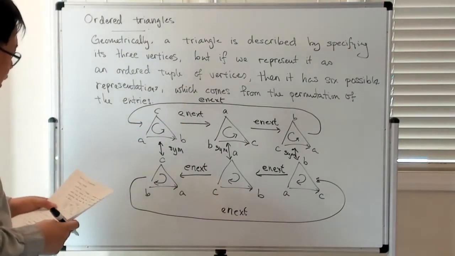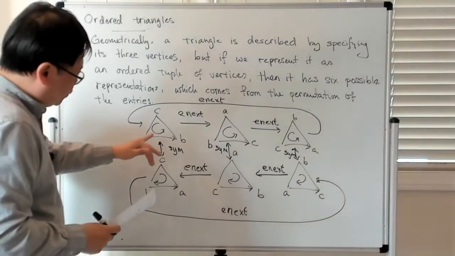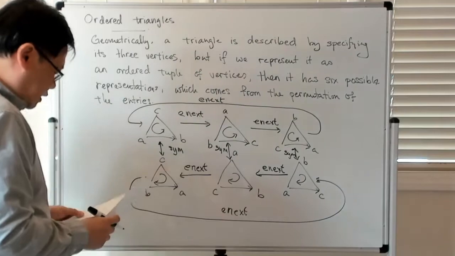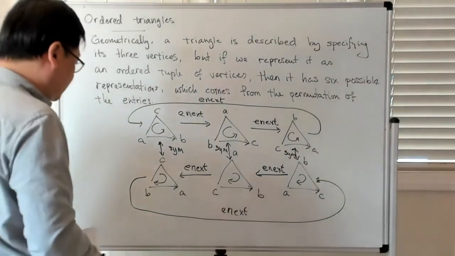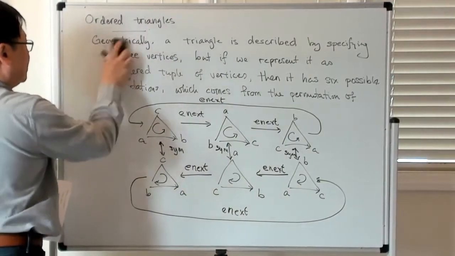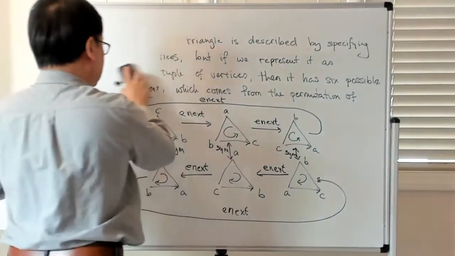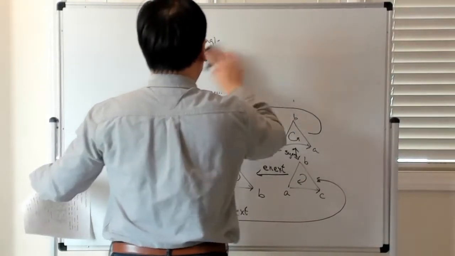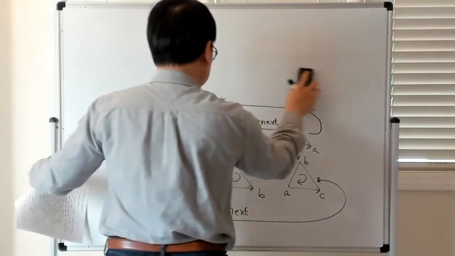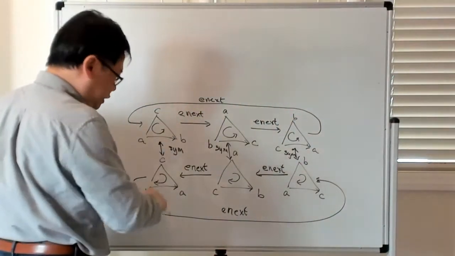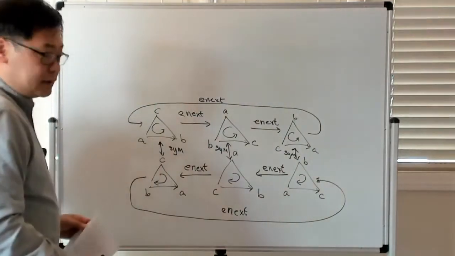Okay, and so what we're going to do now is label these six vertices in a particular way. It's a little bit unusual, but let me explain what's going on. I had already said that these three represent one orientation and these three represent a different orientation.